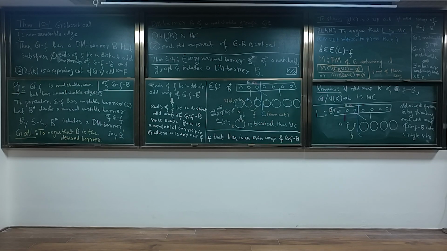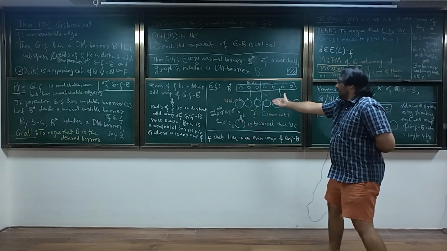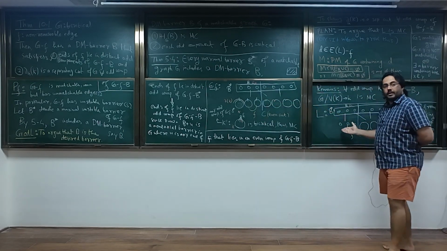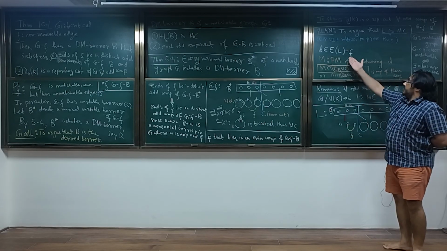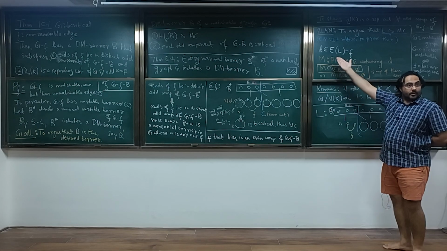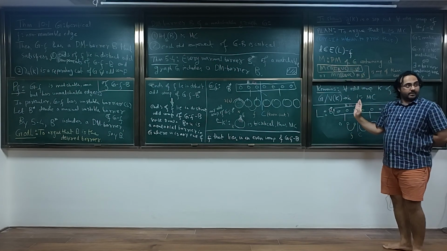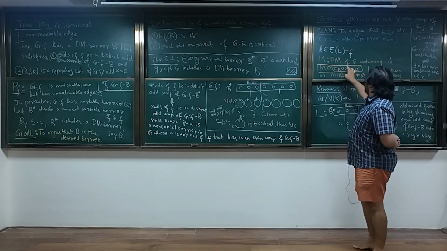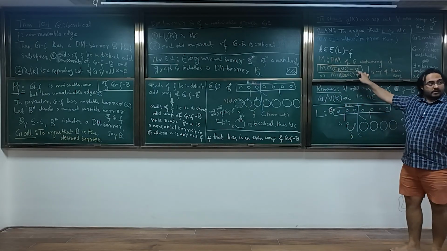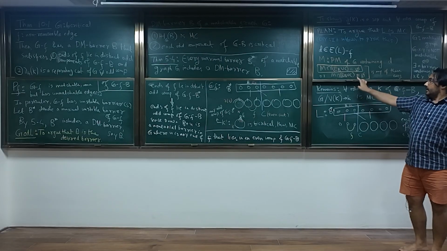But if it meets each of these cuts in one edge, then I will just take the restriction here and I have a perfect matching containing the edge D of this graph. So I'm happy. You all agree? So therefore in this case we are just done. The case where we are not done is this case.